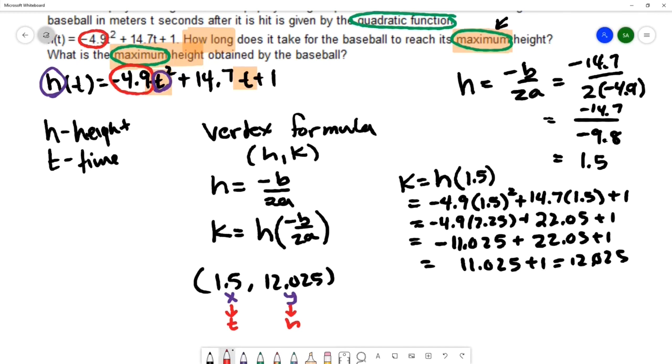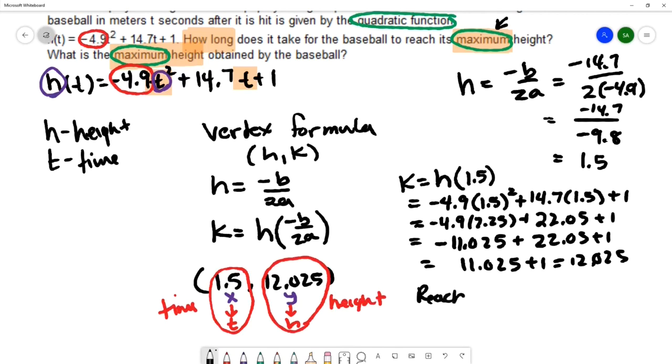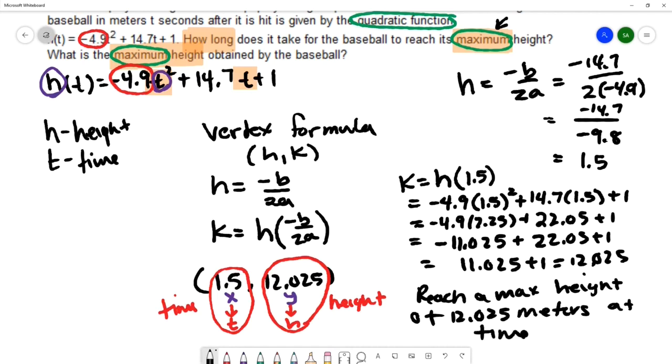And so this 1.5 is referring to the time, and the 12.025 is referring to the height. So in this example, that baseball is going to reach a max height of 12.025 meters at a time of 1.5 seconds.